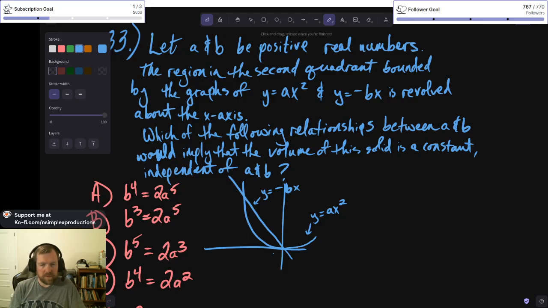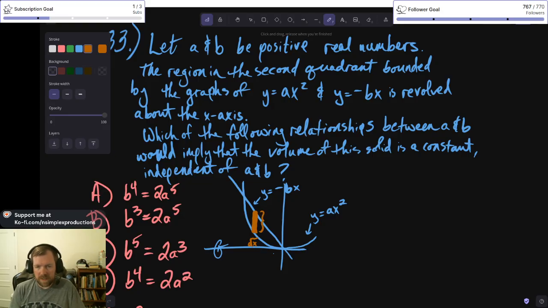Okay, this is being revolved about the x-axis. So what we're going to do is build our infinitesimal that we're going to use. This is going to be dx here.